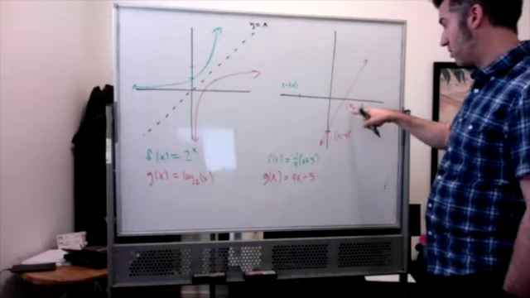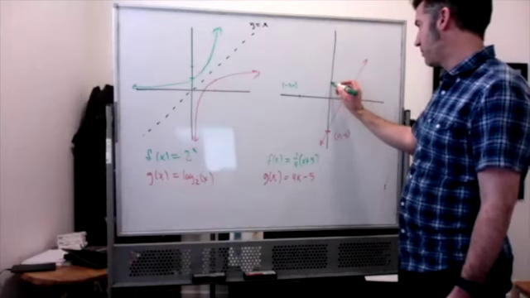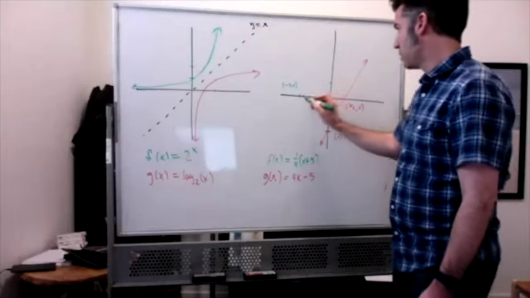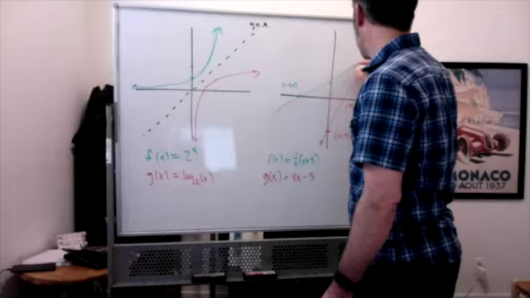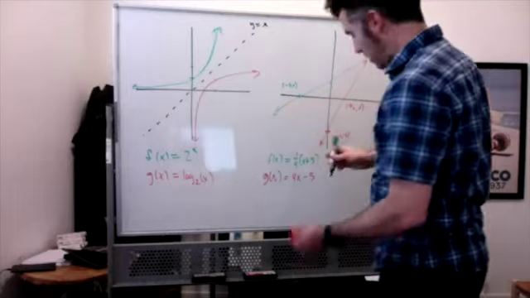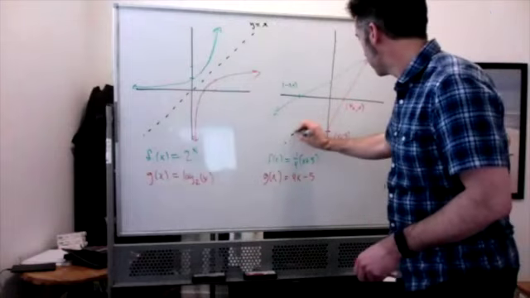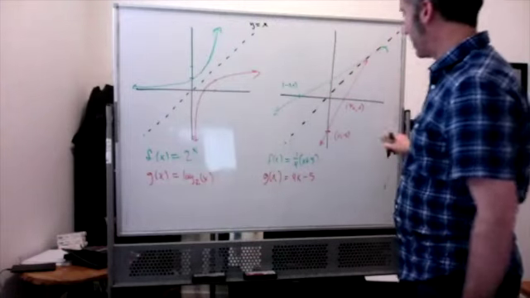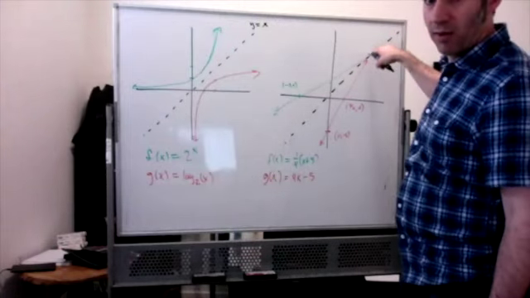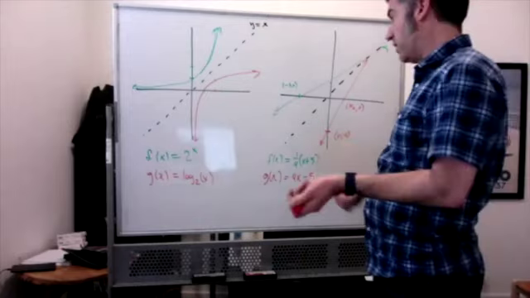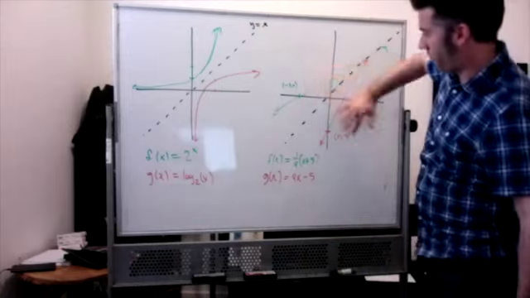So we get (0, 5/4) instead of (5/4, 0). So this one looks kind of like that. And they're exactly, again, symmetric about the line y equals x, and they would intersect each other on the line y equals x. It's kind of cool if they intersect. There's this reflection term.